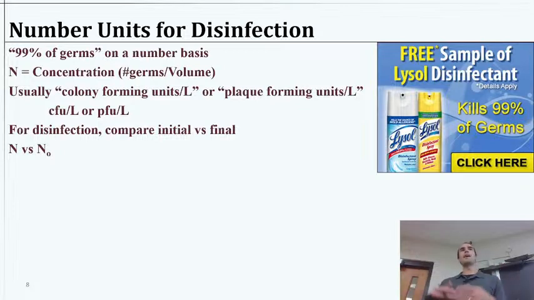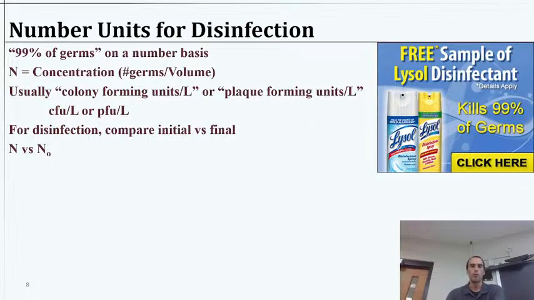So you might see these as 99.9% or 99.99% or whatever. So this way of talking about it is very common, especially for disinfection type of studies and similar stuff.